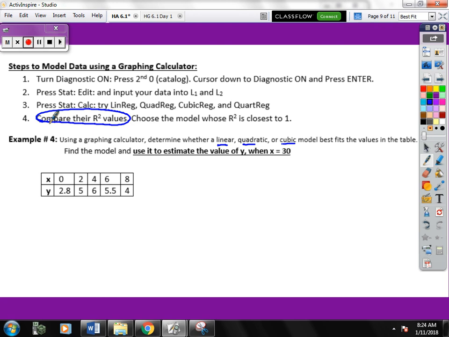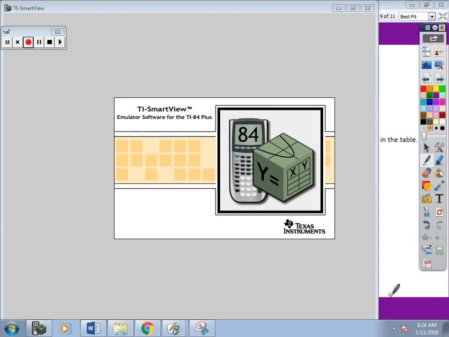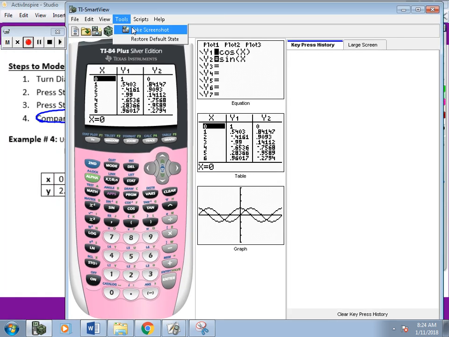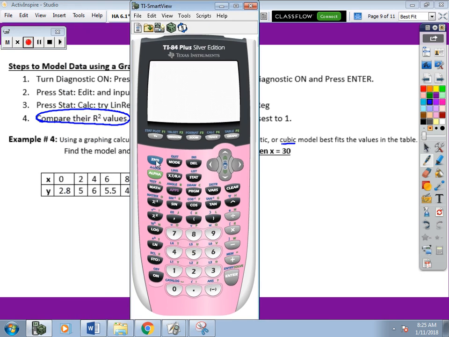Okay? So you want to make sure you have those diagnostics on, which we should have had on from the beginning of the year. But some of you may have reset your calculator, and it may have gotten turned off. So let's just make sure they're on. To turn your diagnostics on, you'll press second 0, which is catalog.